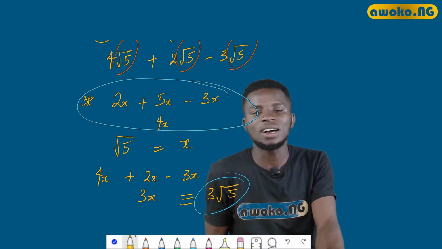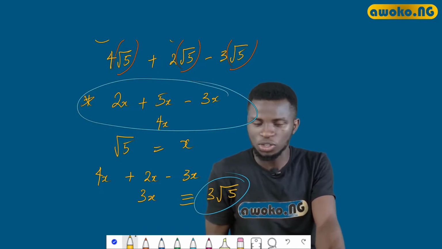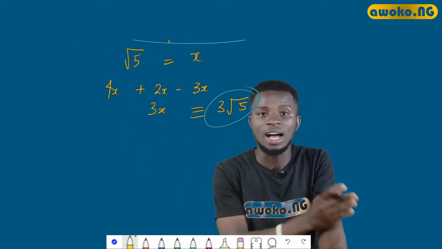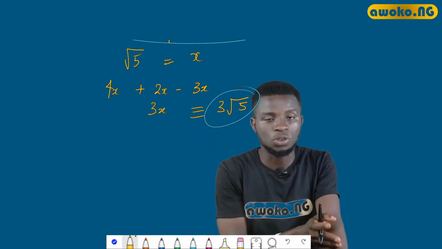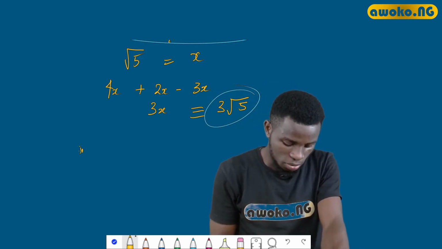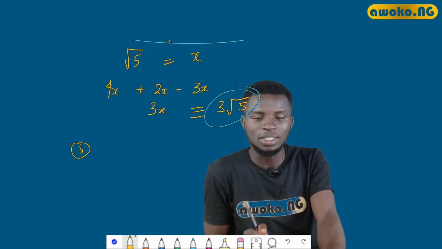Let us consider another question. These have illustrated the addition as well as the subtraction rule. So let us say we are asked to simplify. I'm sure Oses is still with me.